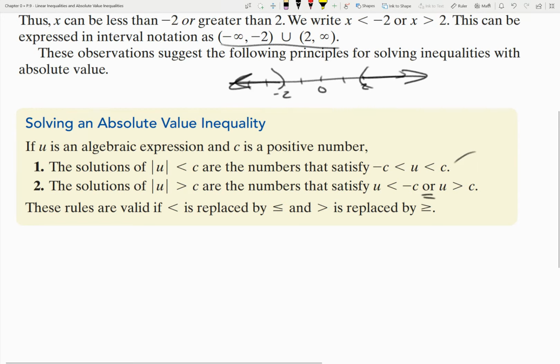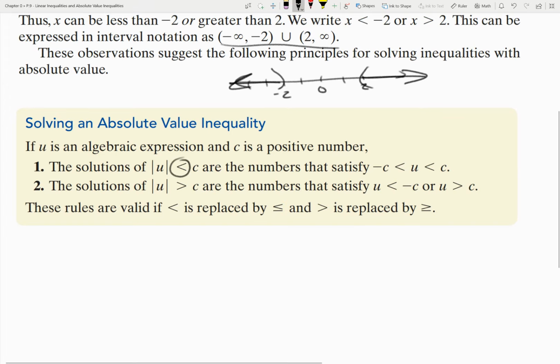The trick that I like to use to remember this is that if you overly enunciate your inequality symbols, it can give you a little mnemonic trick to help you remember which type of inequality you're going to be dealing with, an and inequality or an or inequality.